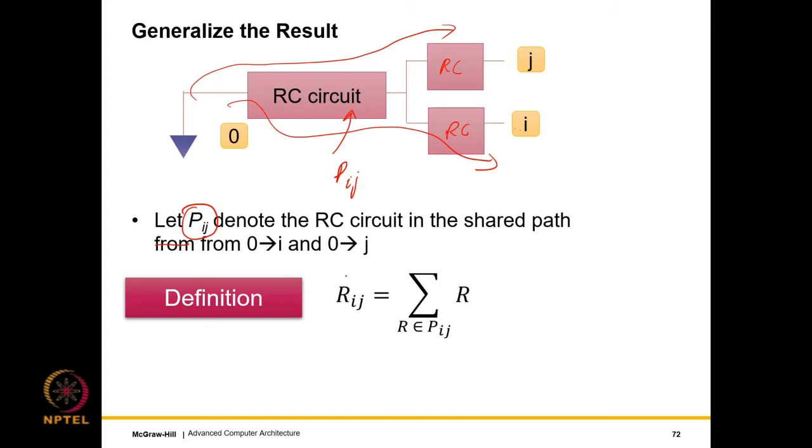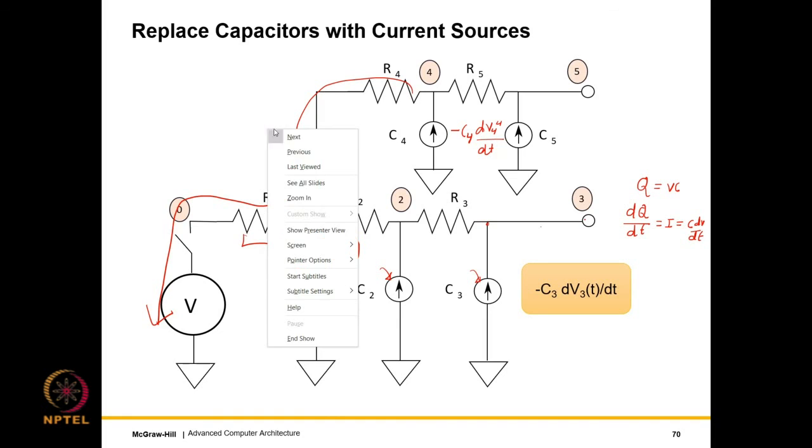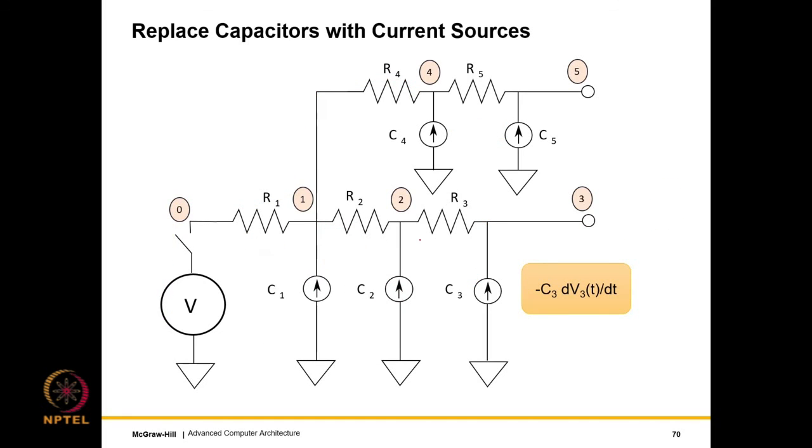So then we can define the term Rij as the sum of resistances in the shared path, right? So the sum of all the resistances that are a part of the shared path. Where does this basic notion of the shared path come from? Well, this will be amply clear if we take a look at this slide. Let's say we were interested in the voltage over here because of the current source placed over here.